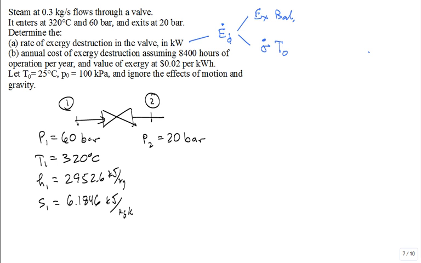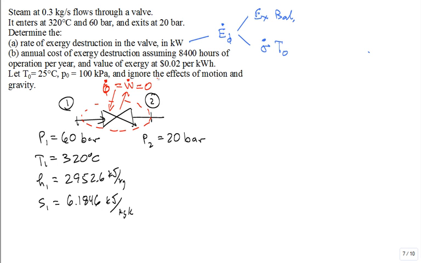Now I have to fix state 2 because I want to do an entropy balance around this valve. Is there any Q dot for that valve? Is there any W dot for that valve? So there's no heat transfer, no work transfer, steady flow through the valve.